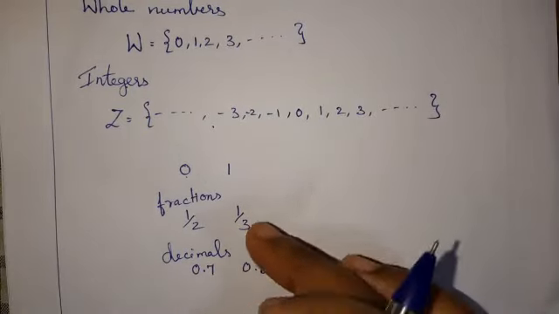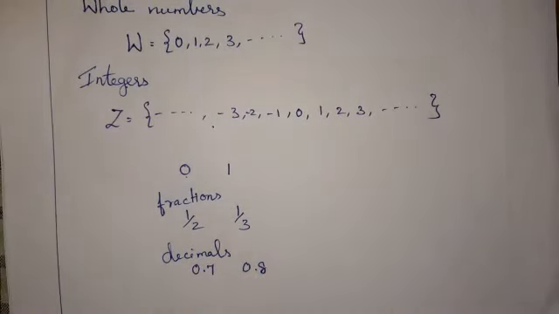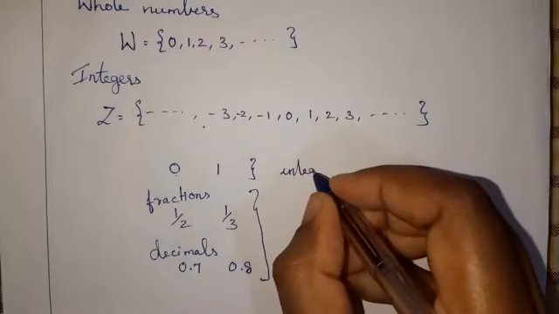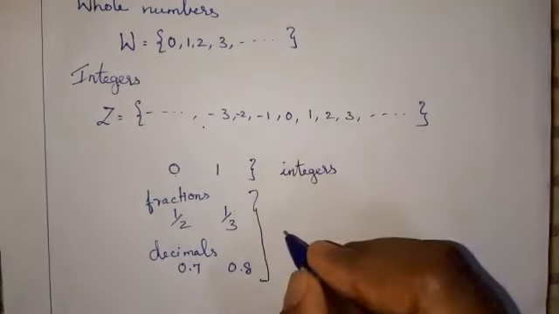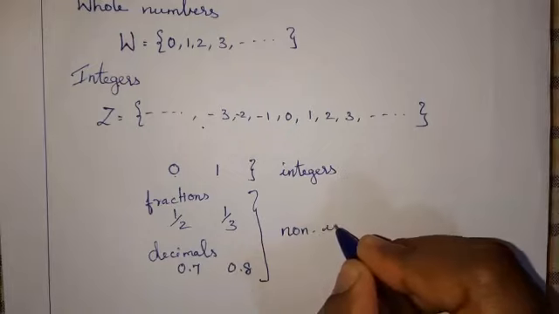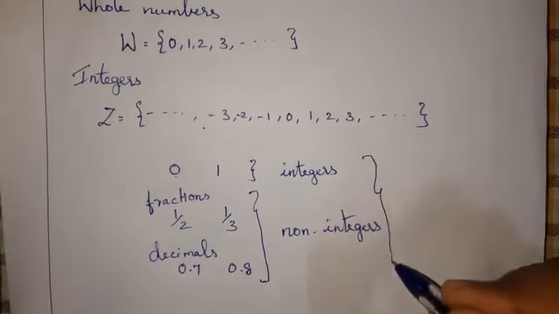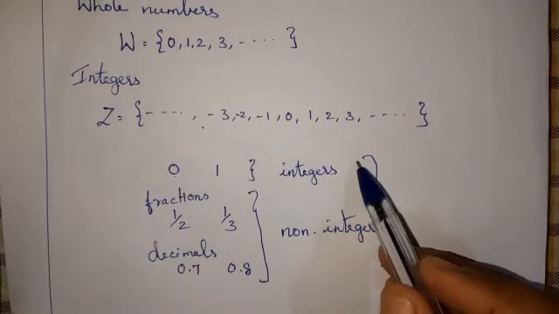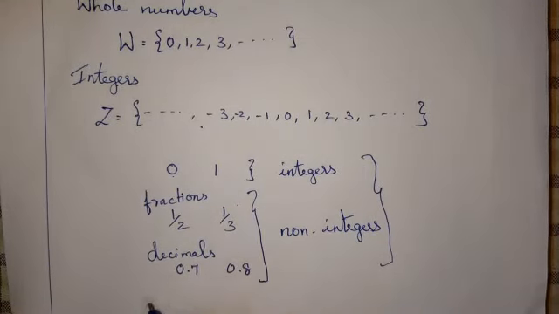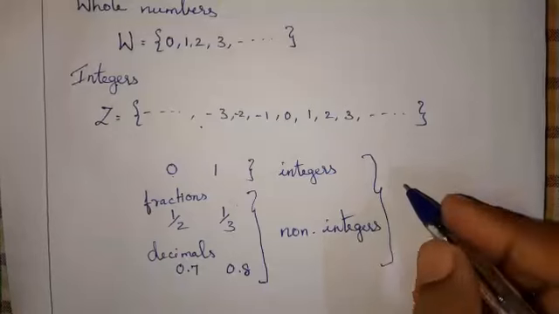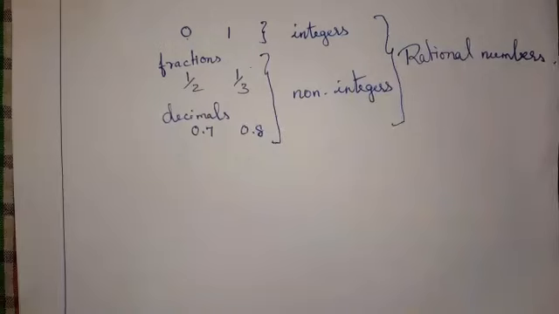Now you have integers and non-integers. The entire set of integers, fractions, decimals are known as rational numbers.